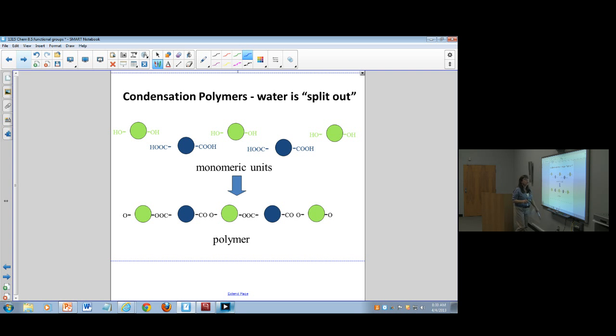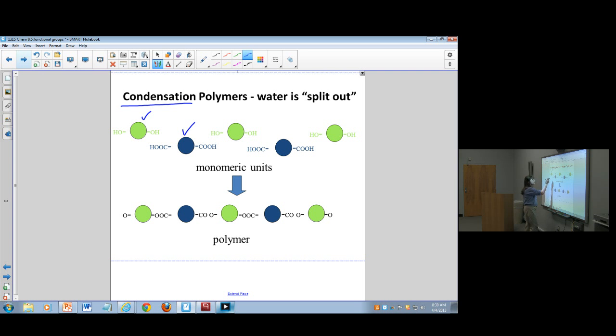Now, the other kind of polymer I want you to be aware of are condensation polymers. In this case, remember, we have two different units. So here's unit 1, and here's unit 2. These can be forced or interacted in some direction so that the two monomers end up linking together.